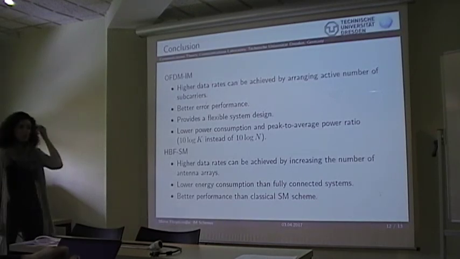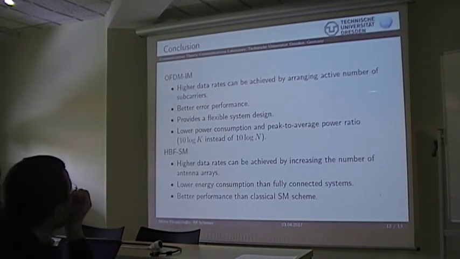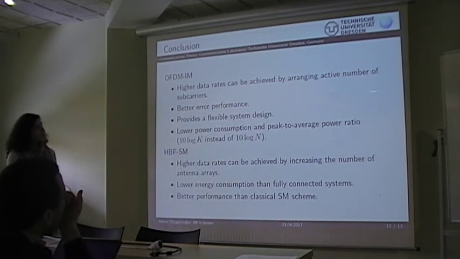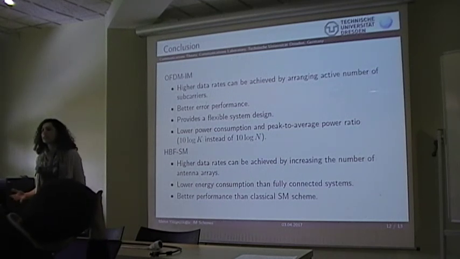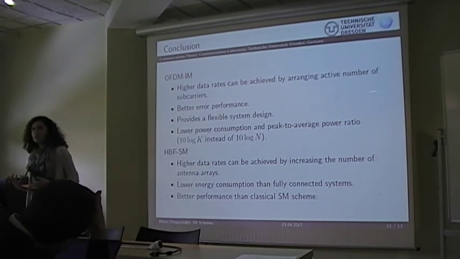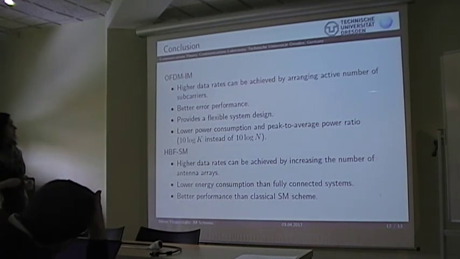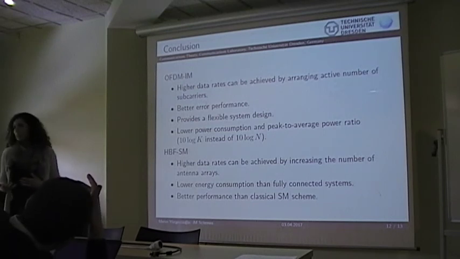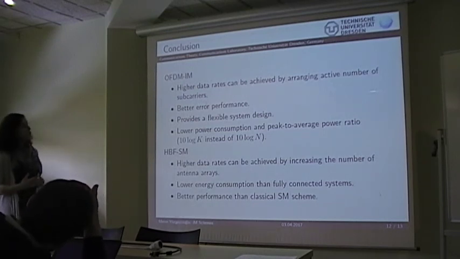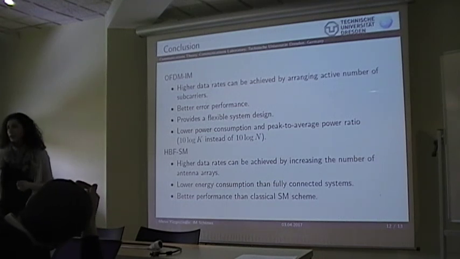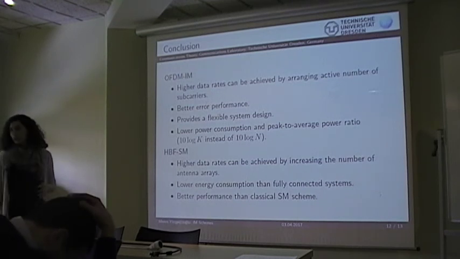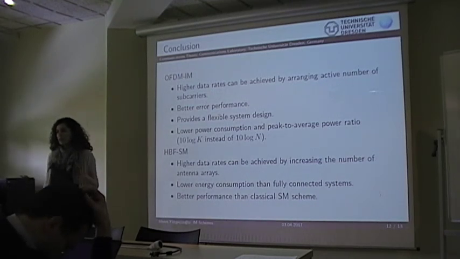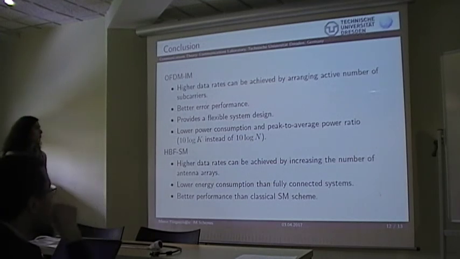I just want to comment on a few advantages of both systems. For OFDM-IM, it is possible to achieve better spectral efficiency by playing with the number of active subcarriers, and it also provides a more flexible system design. I have shown that OFDM-IM has better error performance than classical OFDM, and also the peak-to-average power ratio of OFDM-IM is better than the classical OFDM system.